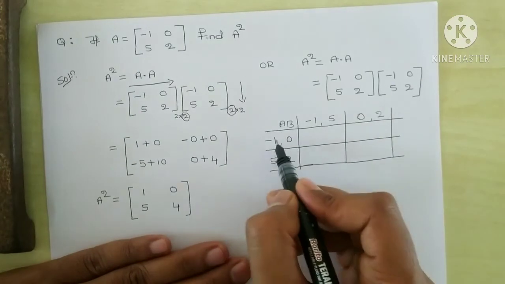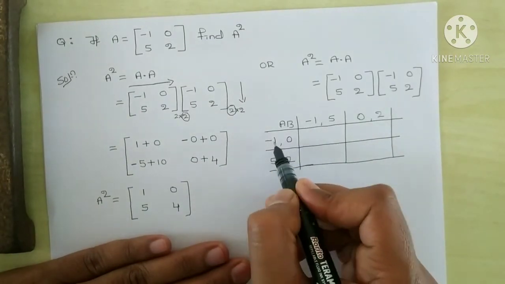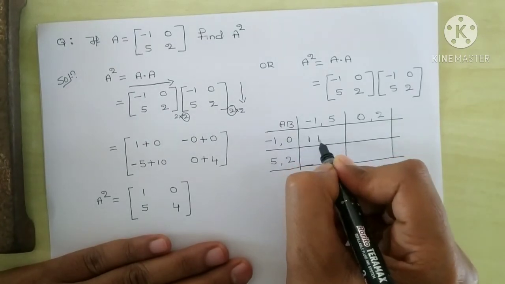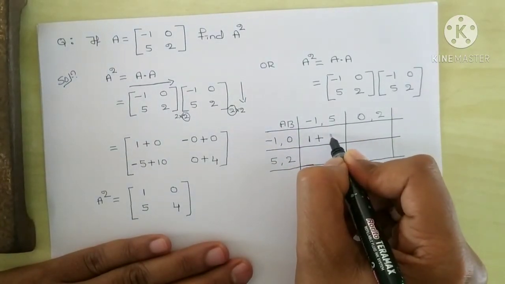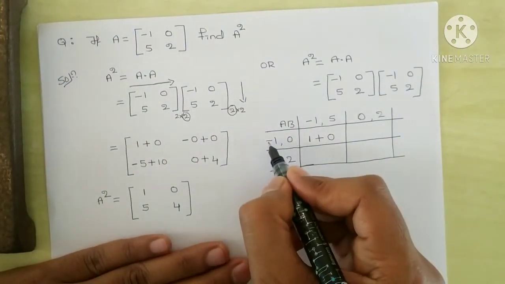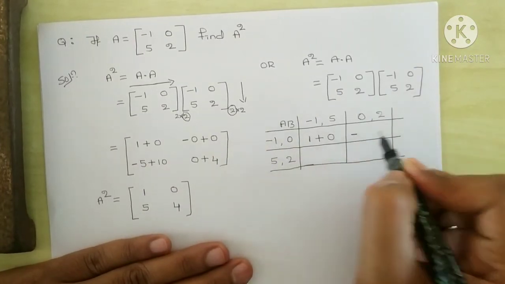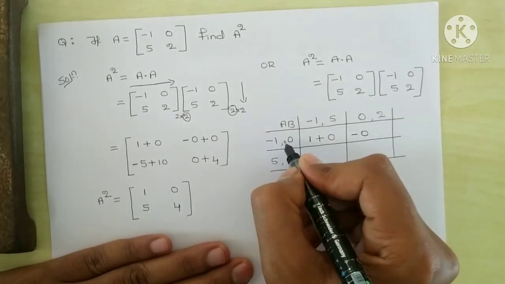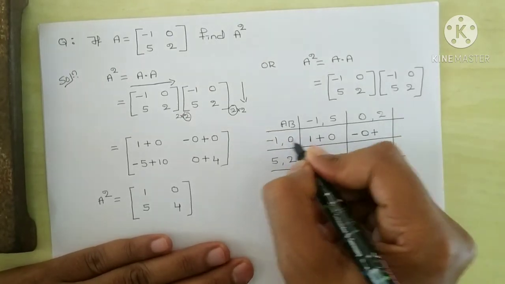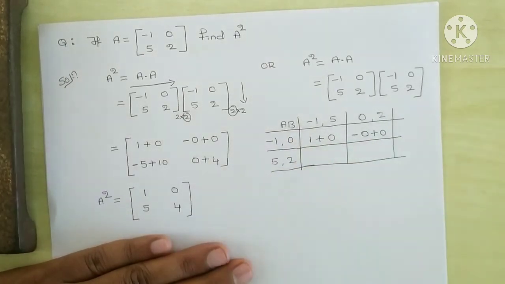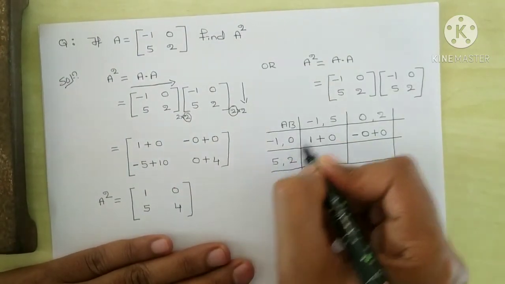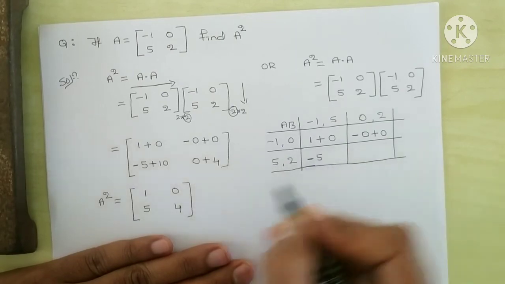Now multiply. Minus into minus is plus, 1 into 1 is 1. Plus into plus is plus, 0 into 5 is 0. Next, minus into plus is minus, 1 into 0 is 0. Next, plus into plus is plus, 0 into 2 is 0. Next, plus into minus is minus, 5 into 1 is 5.